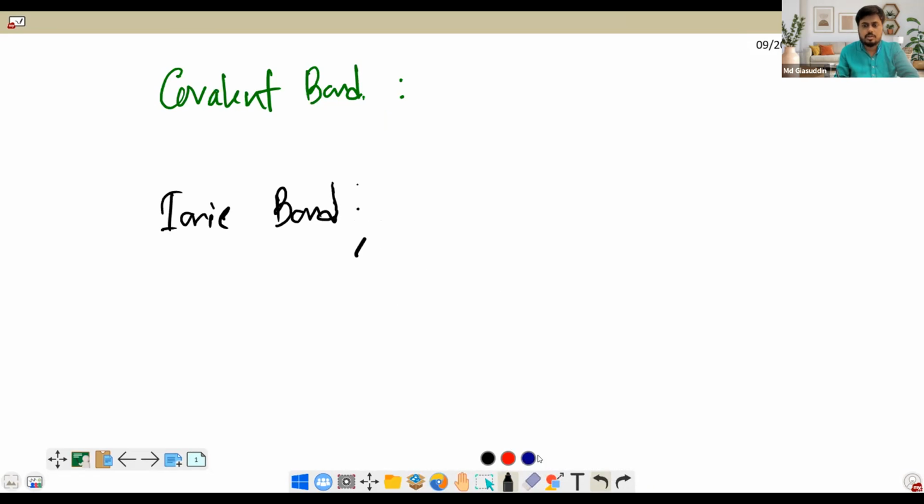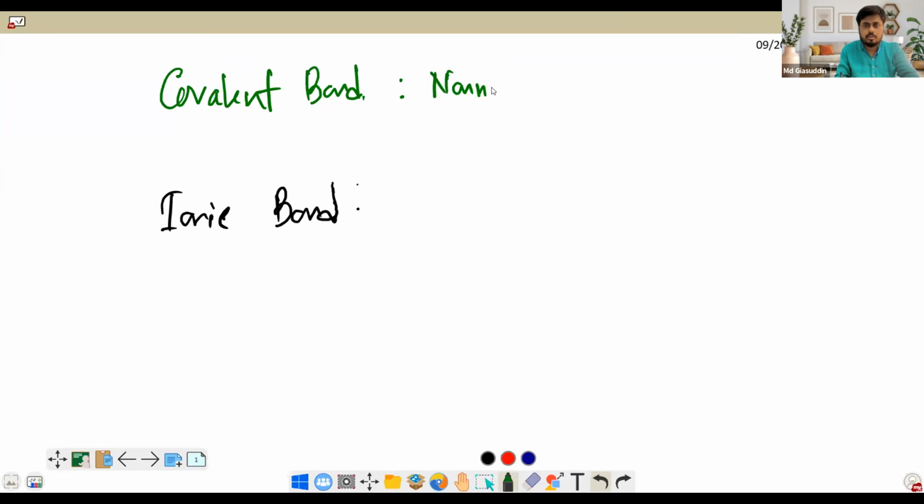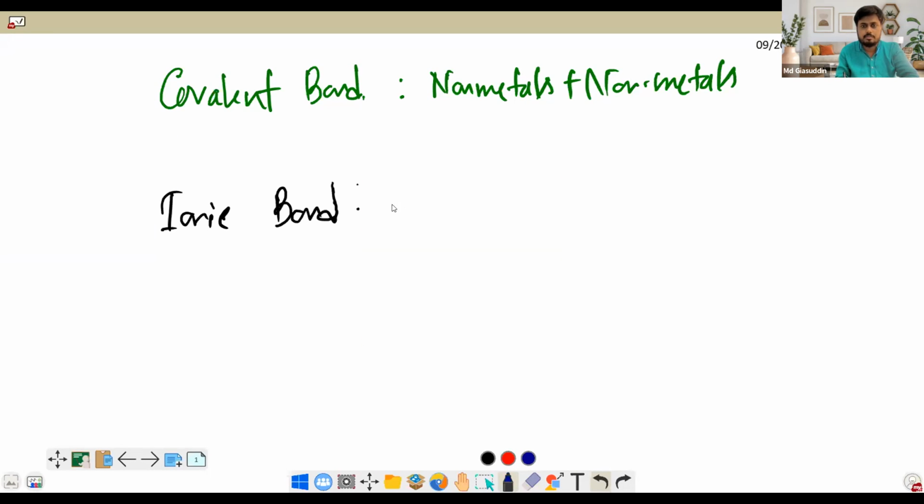So as we have told, in case of the covalent bond, it is between non-metals and non-metals, right? And in case of ionic bonding, we find that it's between the metals and non-metals, correct?